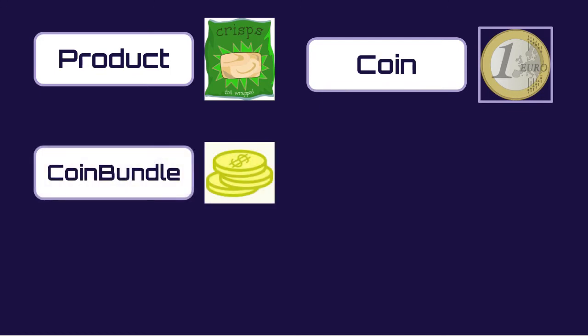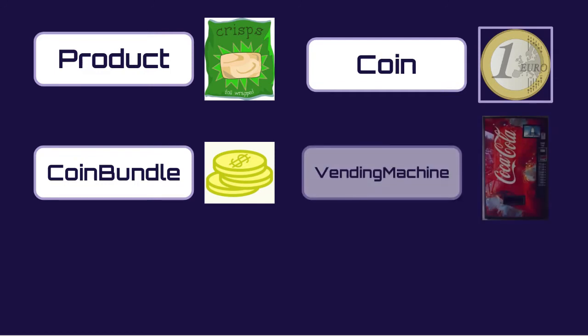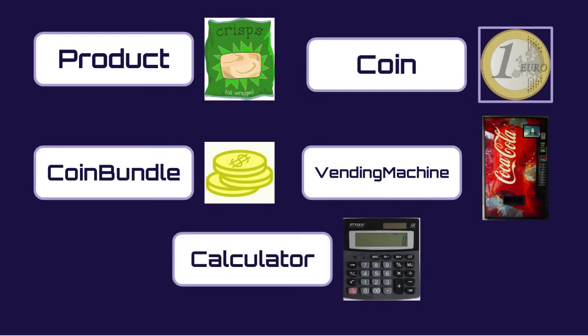We will also complete one of the classes we created before, the CoinBundle, which is representing a bunch of coins. And then we will complete the code for the vending machine and also the code for the calculator class. Alright, so now that we are clear in the steps to complete our machine, let's get started.